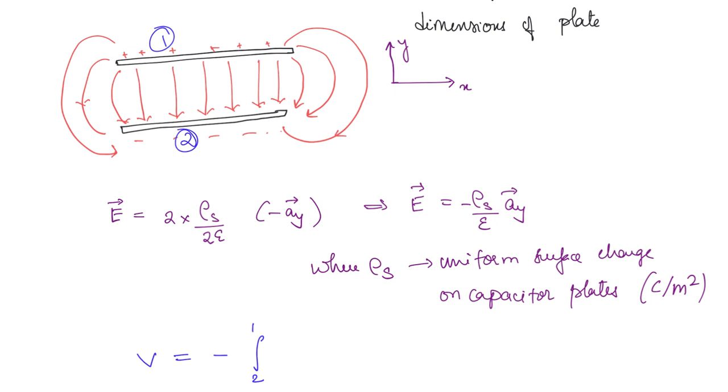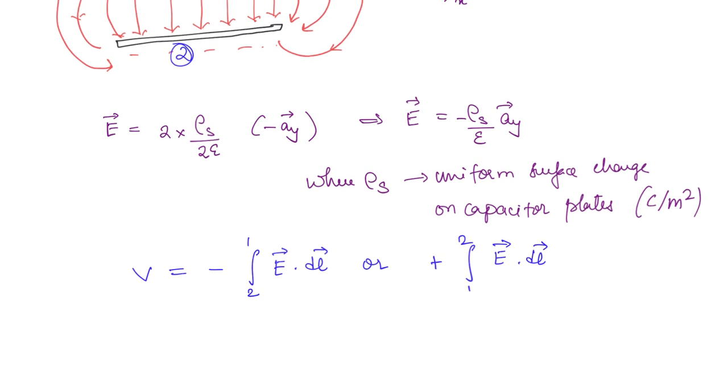Or you can also write it as plus integral from 1 to 2 of E bar dot dl bar. So if you are taking it in the direction of 1 to 2, which is the direction of the electric field, then you can just take a positive sign.